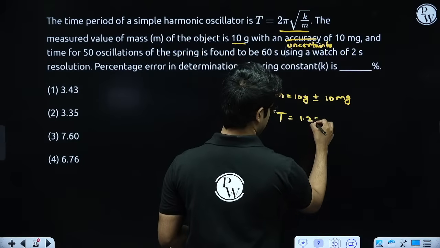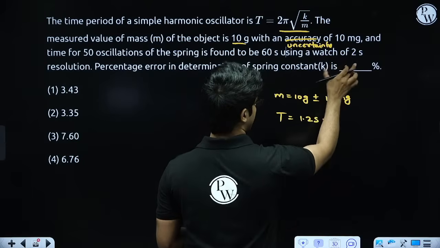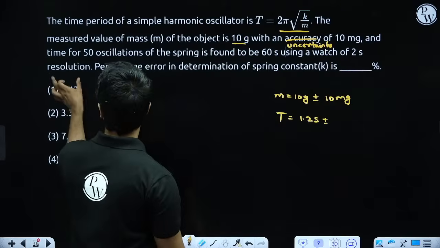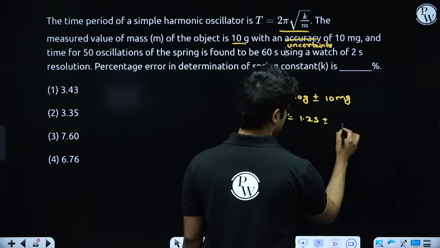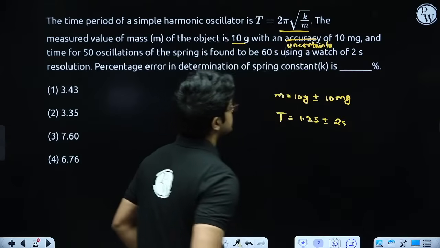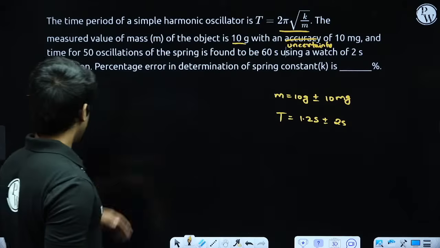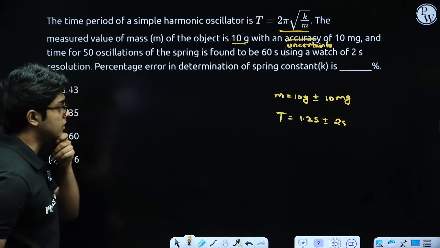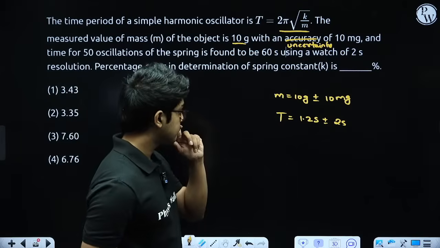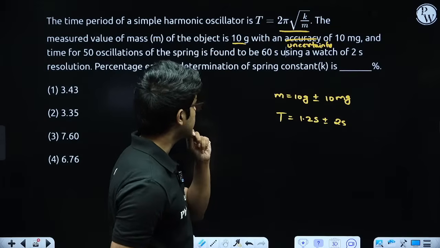So 1.2 seconds plus or minus the error possibility of the watch, which is 2 seconds. I think it should be something else rather than 2 seconds, because 2 seconds is a large error.